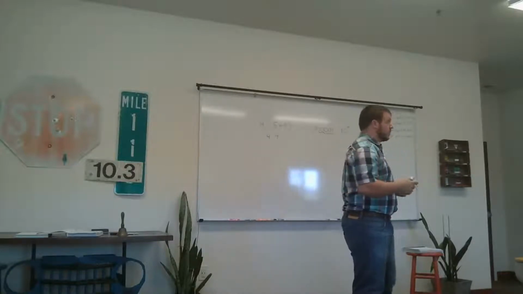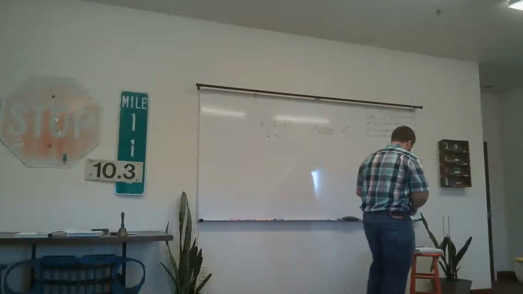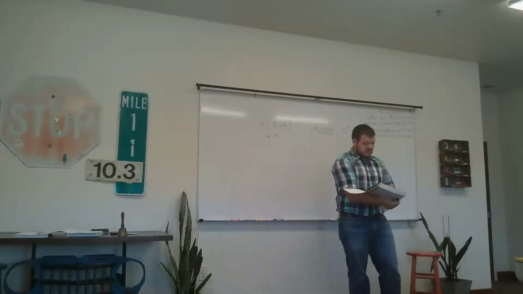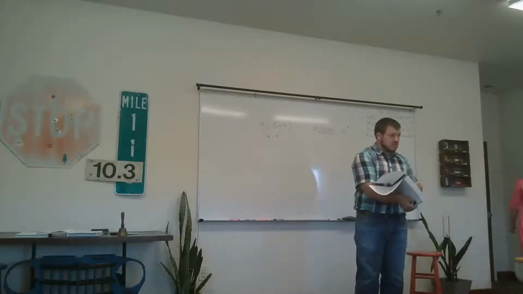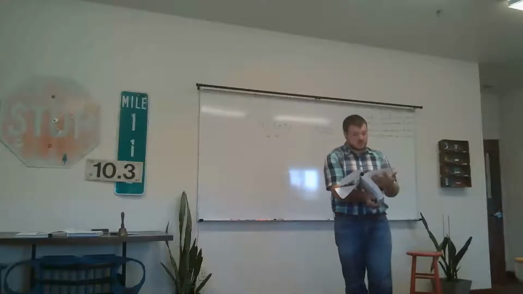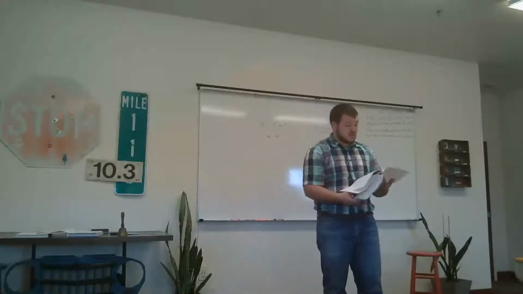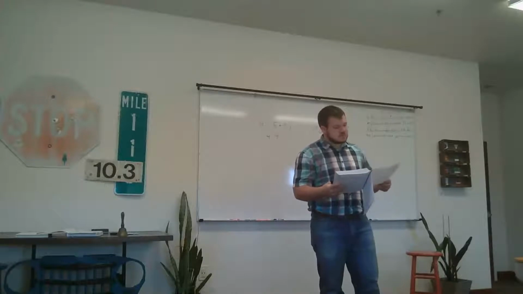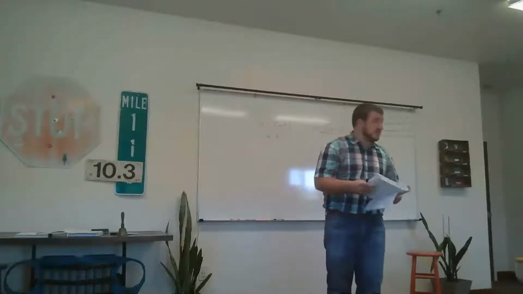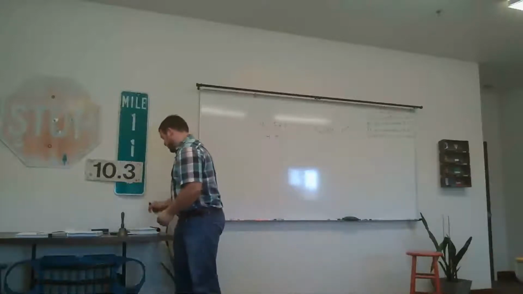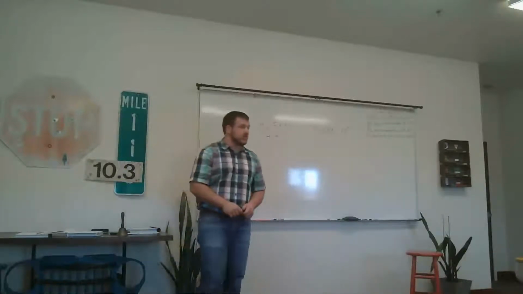All right, do your pretest, please. Which one is it? The lesson 6 pretest. Pages 23 and 24. And do a practice set if we get done. The lesson 7 practice set, I think is what we were doing.